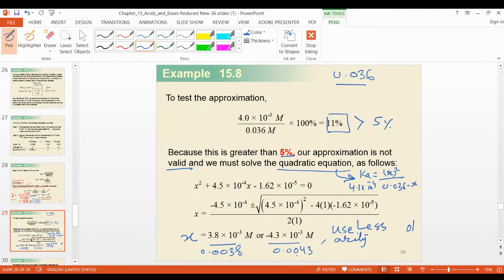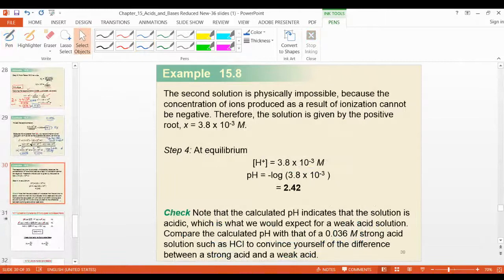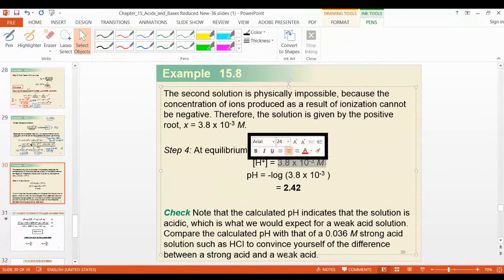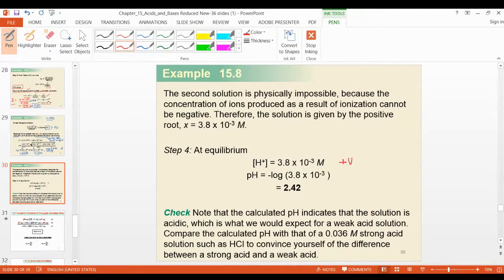So 0.0043 and this is 0.0038. You always use the positive value in the calculation, so you consider this one, not the negative one. pH is calculated from the value we collected there. We use the positive value from the quadratic equation.